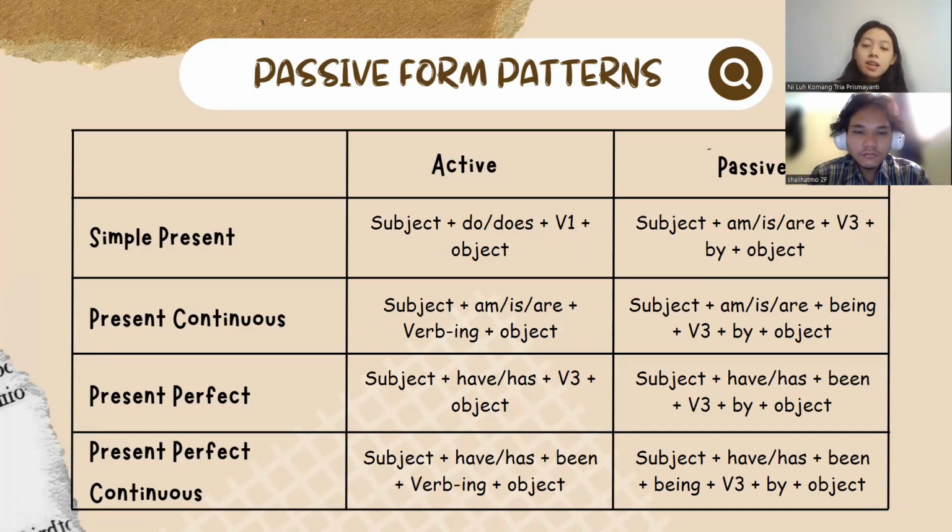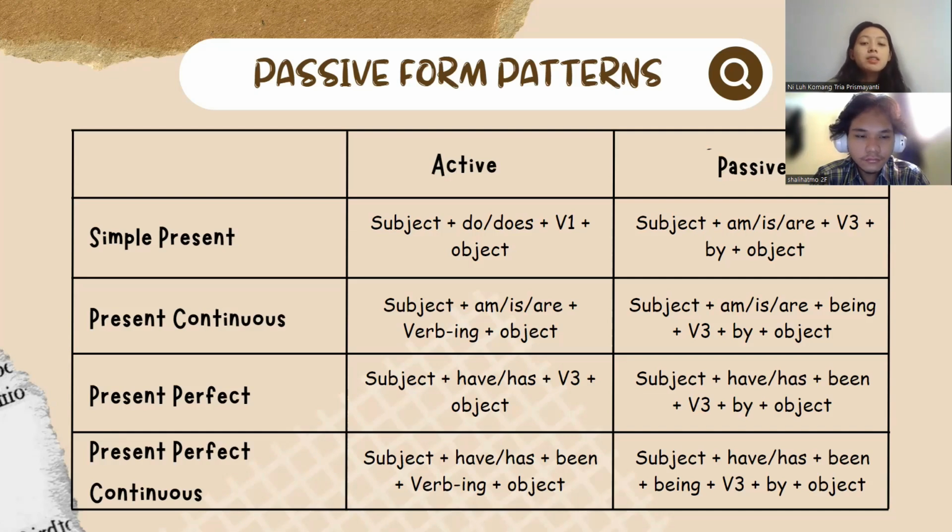So the passive one is subject plus am or is or are plus verb 3 plus by plus object. So the second one is present continuous. The active form is subject plus am or is or are plus verb ing plus object. And the passive form is subject plus am or is or are plus being plus verb 3 plus by plus object.